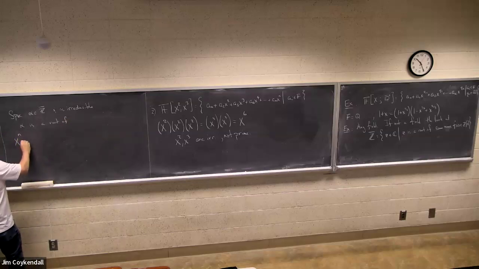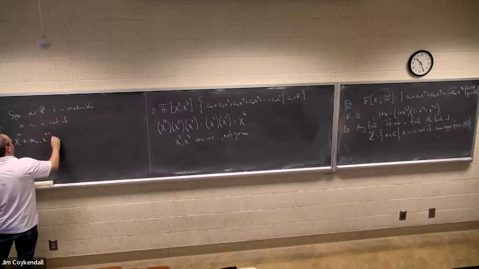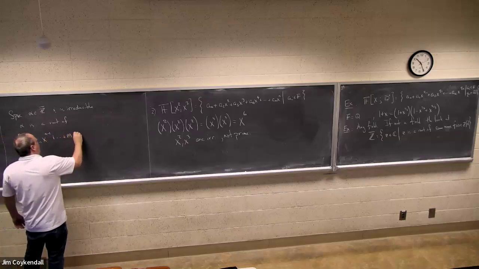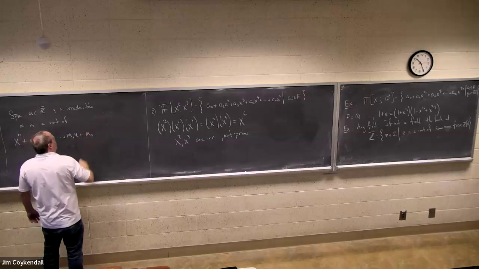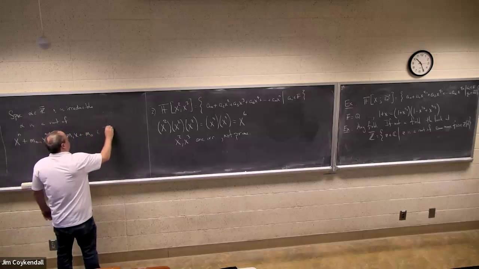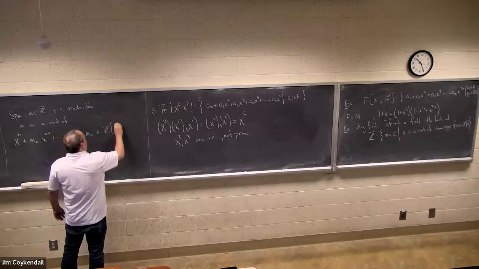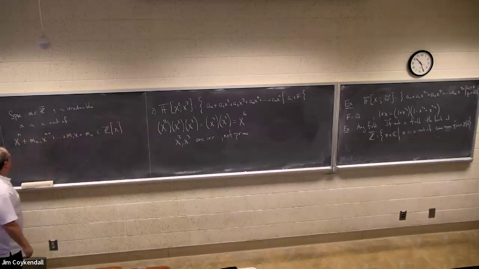Let's say x to the n plus m sub n minus 1 x to the n minus 1 and so on, plus m1 x plus m0. So all the coefficients are integers.